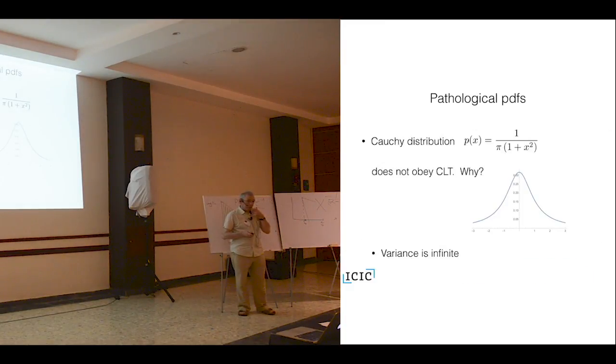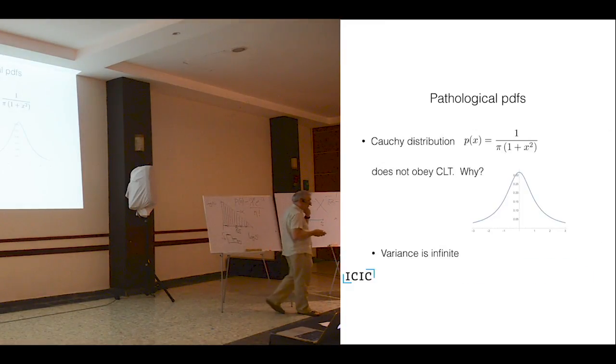Okay, just to give you a word of warning, there are some distributions for which this does not apply. Peter already mentioned the Cauchy distribution. This is a simple example: 1 over 1 plus x squared with a normalization 1 over pi. So that's a distribution that looks like this. This doesn't obey the central limit theorem.